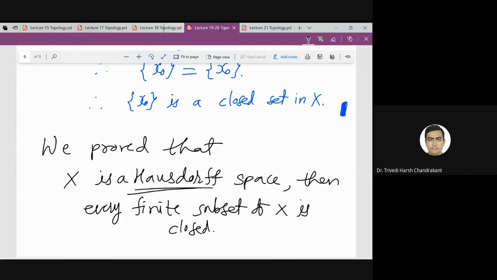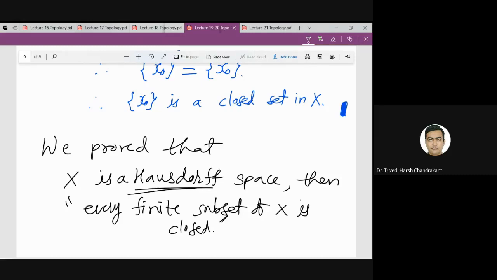The example which we already discussed is that on the real line, if I take the cofinite topology, then we know that every finite set in the cofinite topology is closed. So it satisfies this property, but the real numbers with cofinite topology is not Hausdorff. So the converse of this theorem does not hold.